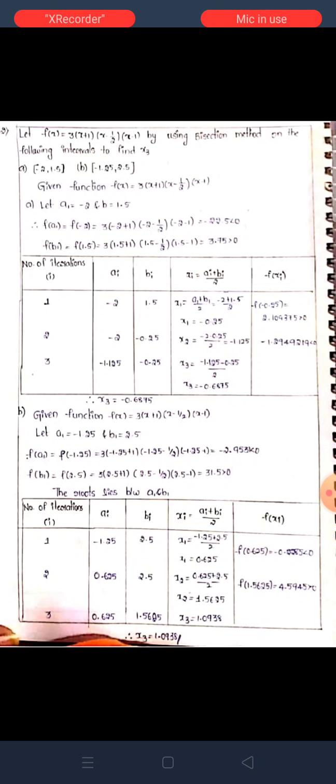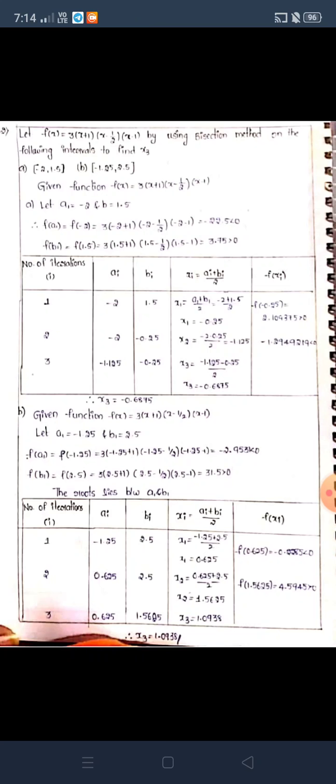Next, find out f of a1 and f of b1. f of a1 is equal to f of minus 1.25, which is equal to 3 into minus 1.25 plus 1 into minus 1.25 minus 1 by 2 into minus 1.25 minus 1, which is equal to minus 2.953. This is less than 0.